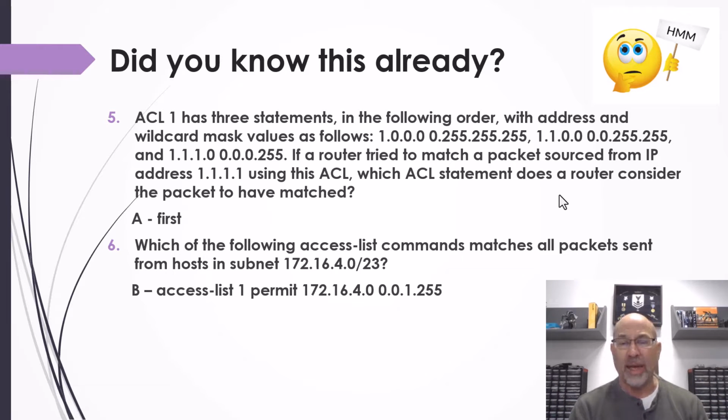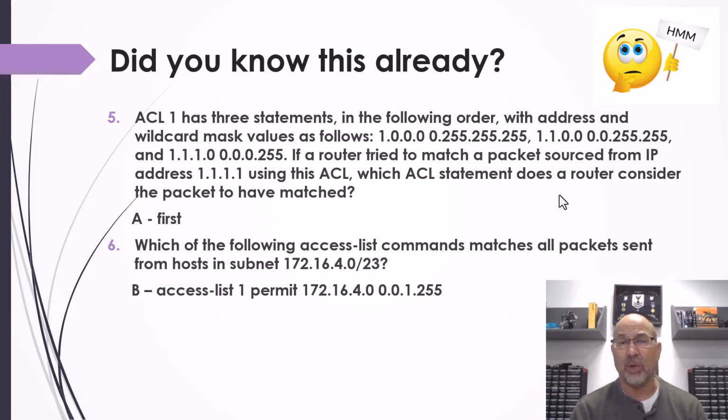Which of the following access list commands matches all packets sent from hosts in a particular subnet? But take a look at that mask. It's a /23. So the trick in this question was convert it to a base 10 mask and then see what you needed to do. So that would be 255.255.254.0.